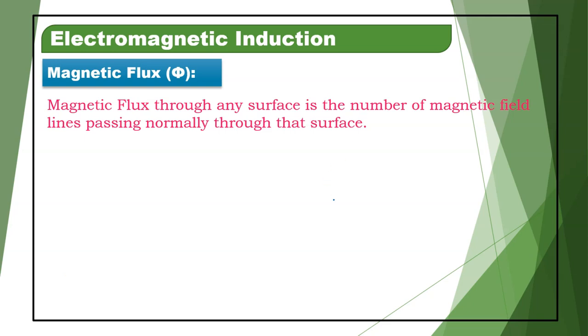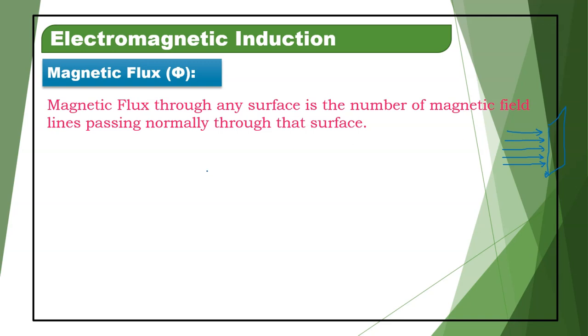So if I assume this is a magnetic field line, and I send these magnetic field lines through any particular surface, clear? So this depends on the surface, actually the area of that surface. Secondly, is the magnetic field making an angle or not?